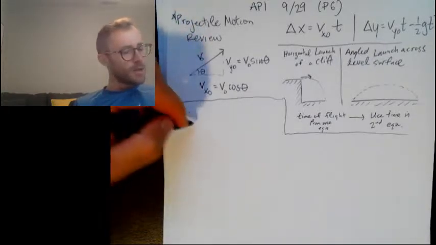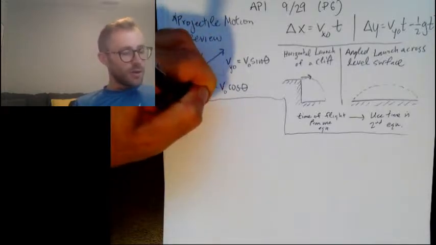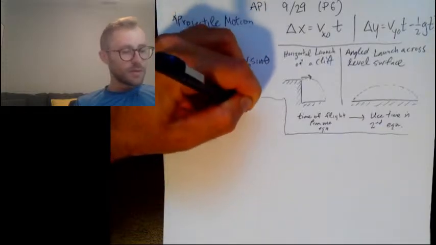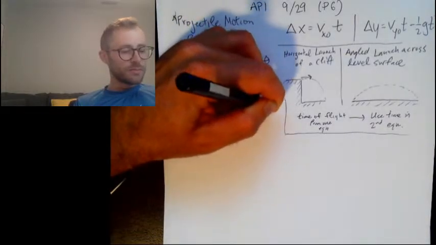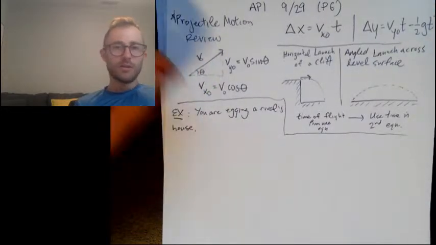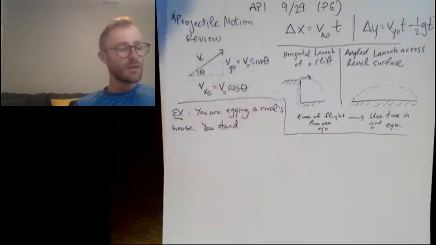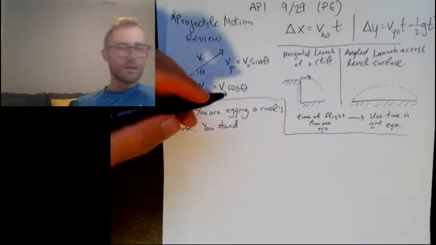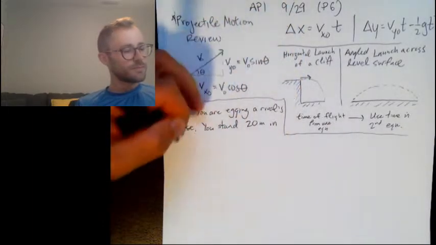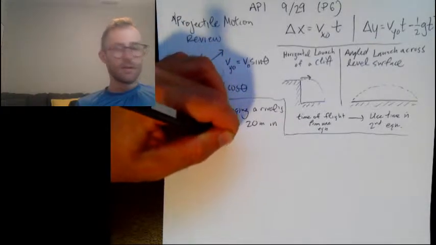Okay? So the first example is you are egging a rival's house. You stand 20 meters in front of the house. Okay.